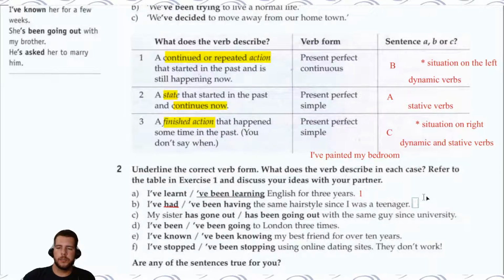So this is number 2. It's a state that started in the past and continues now. Now C. My sister has been going out with the same guy since university. This is present perfect continuous, and this is number 1.